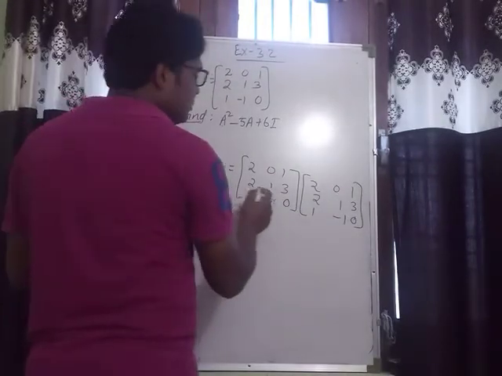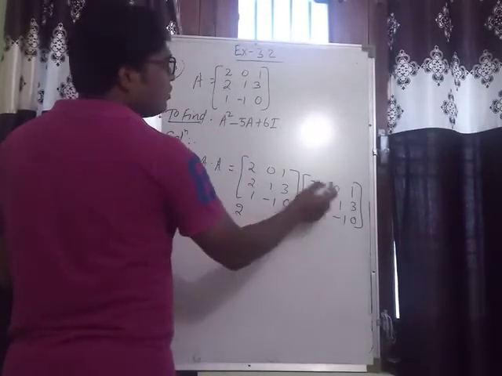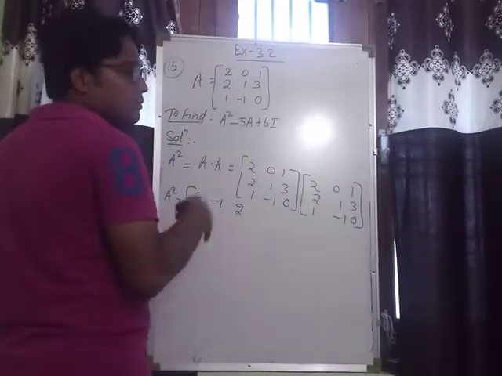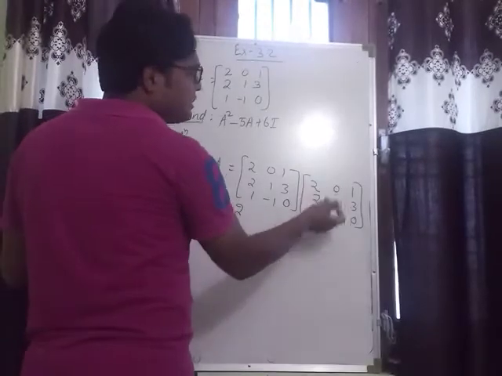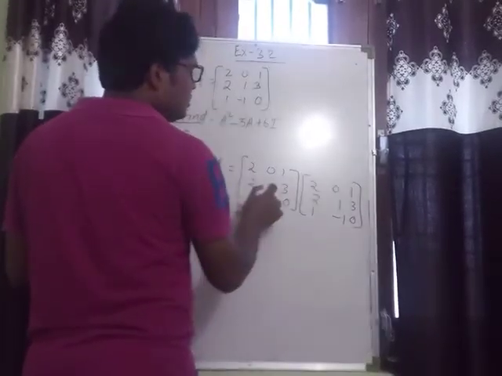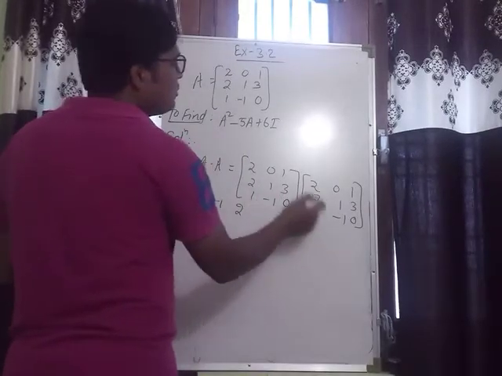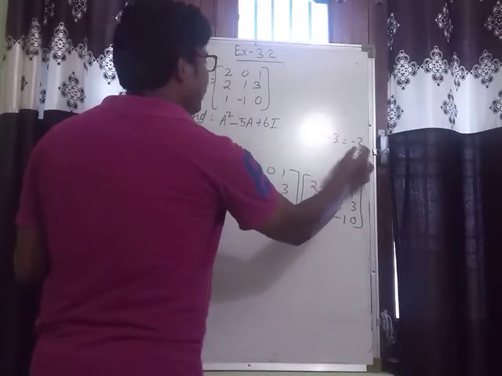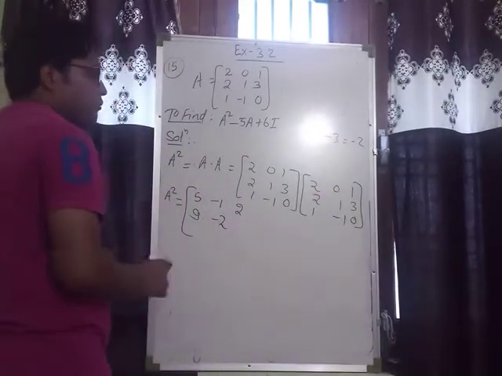Now second row, second column: 2 into 0 is 0, 1 into 1 is 1, and 3 into minus 1 is minus 3. That is minus 2.